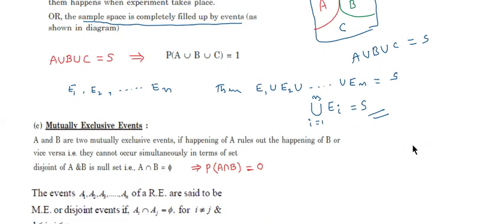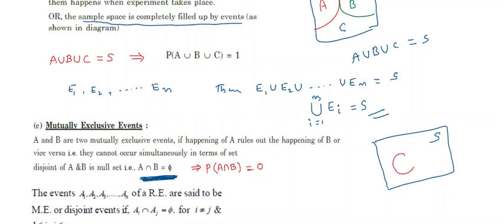Mutually exclusive events. Two events A and B are said to be mutually exclusive events if their intersection is the null set. See the example. This is the sample space, this is event A, this is event B. Here observe that there is no intersection part.